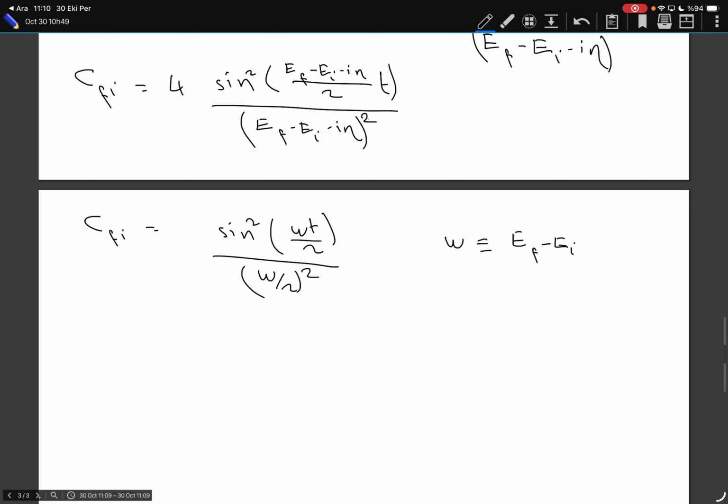Now, what does this function look like? It looks like if I light an atom so that there's a transition probability for the electrons from up to up right. Let's plot it as a function of omega. Well, when omega is equal to 0, in the limit omega goes to 0, it will just go to t squared.